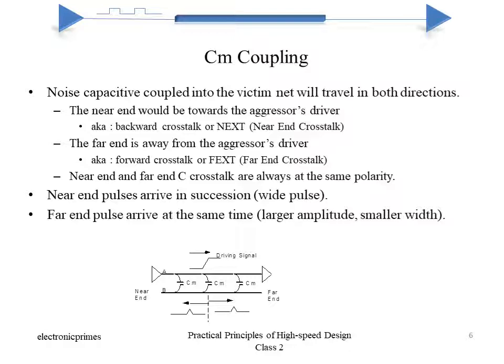Near end and far end capacitive crosstalk are always of the same polarity. The near end pulse arrives in succession, like a wide pulse. The far end pulse arrives at the same time, but with larger amplitude and smaller width. As in the diagram, with circuit A to circuit B, with near end and far end and the driving signals, you can see the mutual capacitance that is formed.